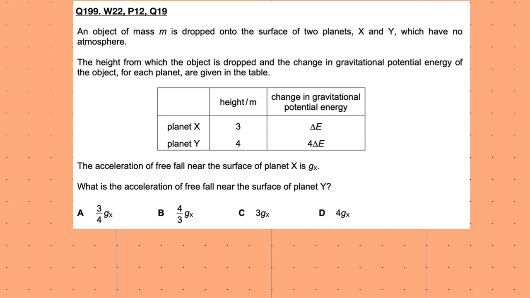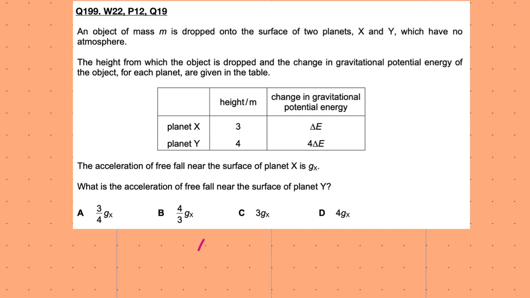Alright, now what do we think about here? We can see that both of these are the same mass on different planets, right? So we are asked for the acceleration of free fall on planet Y in terms of whatever the acceleration of free fall on X is, which is called gx. I know that if it's the same object, the mass is the same.